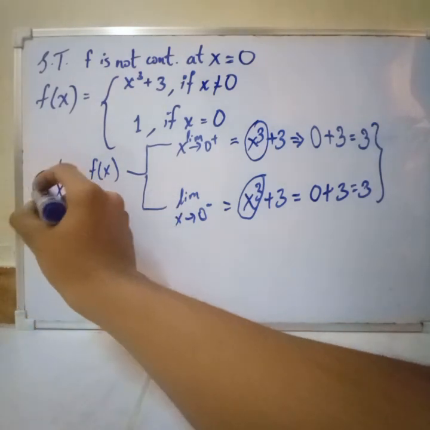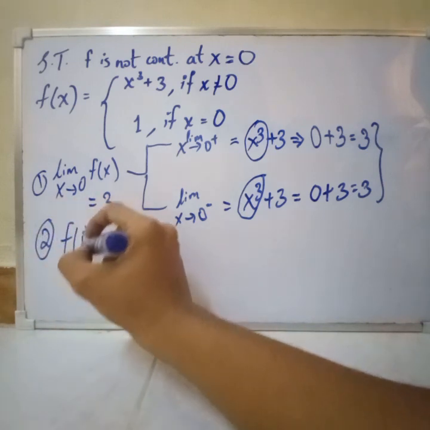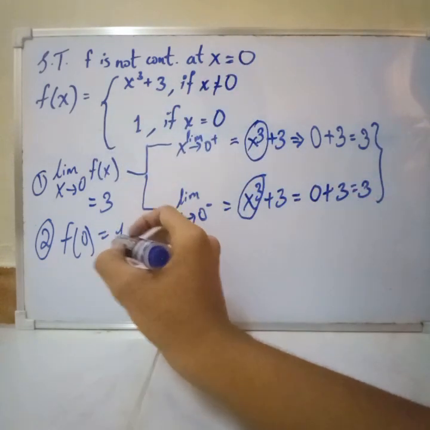Now we have to check the second condition. We have to find f of 0, and f of 0 is equal to 1, as given in the equation.